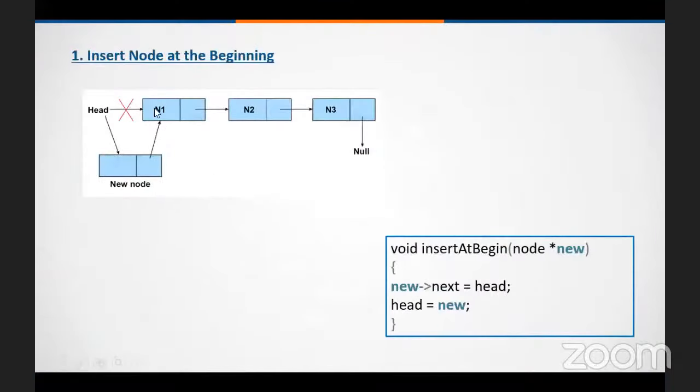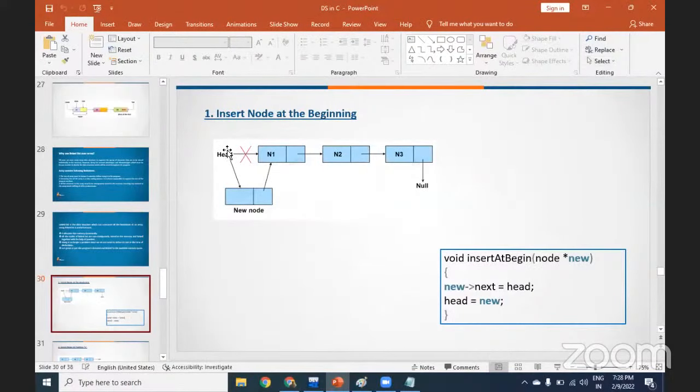The first one is insert node at the beginning. What is the first operation? If you want to insert a node at the beginning, how are you going to do that? I'll tell you step by step, each and every point, how I'm going to do it for an individual node. Say for example, assume that a variable head is pointed to one node.